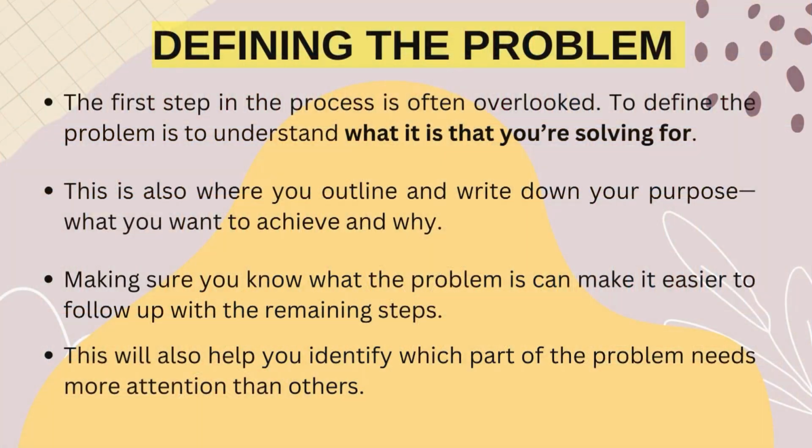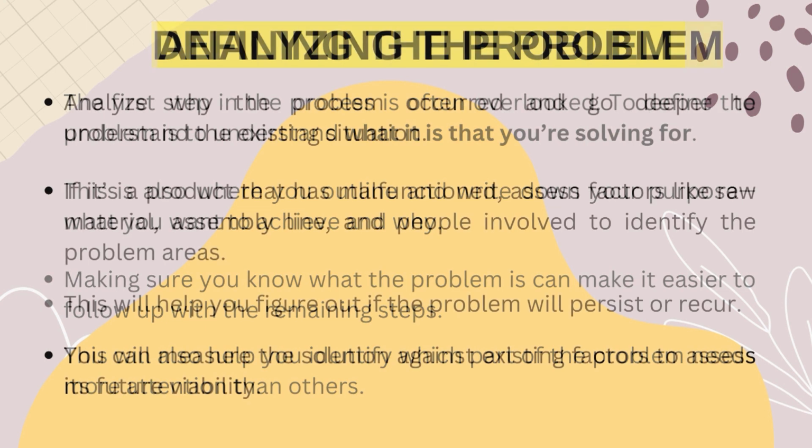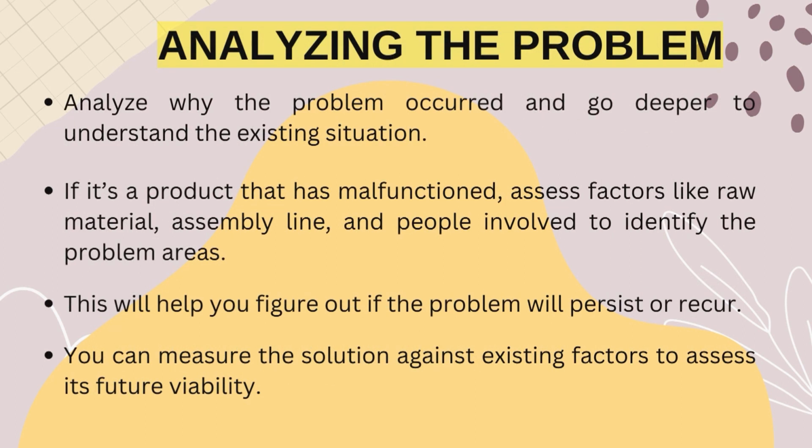Now after discussing these examples, let us see what the steps are. The first step is defining the problem, which we discussed, that is, becoming aware of it. That means what is the problem which you are trying to solve, and what is the purpose, what you want to achieve, and why. Analyzing the problem: analyze why the problem occurred, and then go deeper to understand the existing situation.